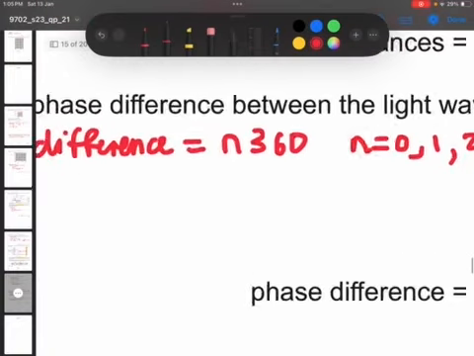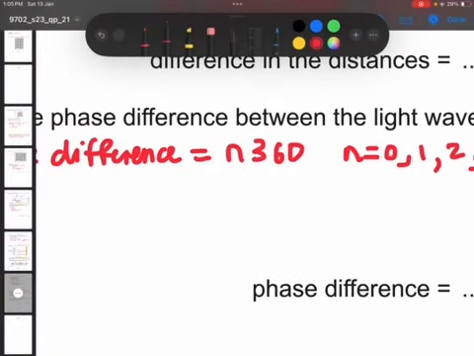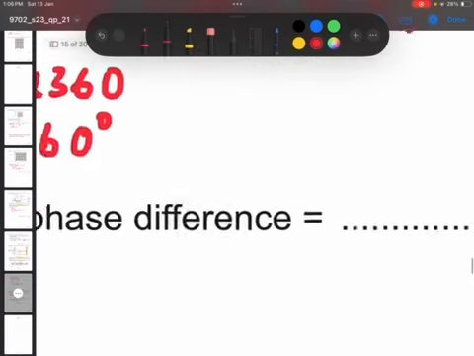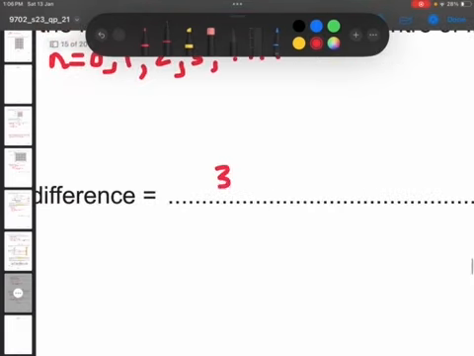That is the phase difference for constructive interference in the double slit experiment. So n will be 0 for the central bright fringe, and for the second one, which is at R, n will be 1. So we will say 1 times 360 to give us 360 degrees. So our answer will be 360 here.